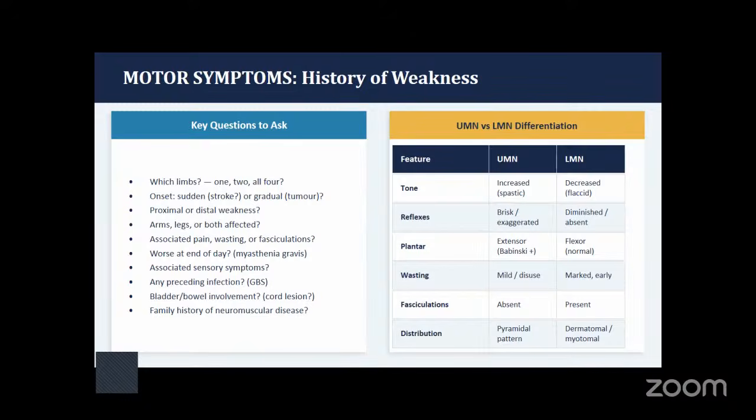You want to ask them, for patients, for instance, who have GBS for ascending paralysis, if they've had any difficulty in breathing and how they were managed, if they've had any difficulty with speech, swallowing, then you want to always ask about the family history of neuromuscular diseases.